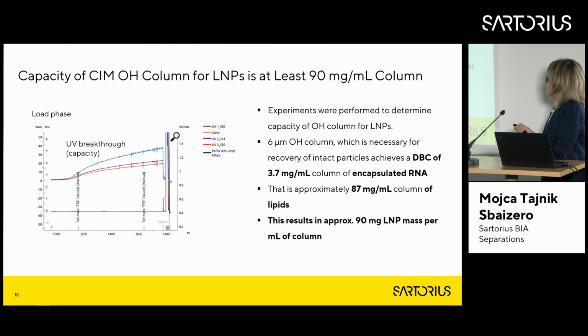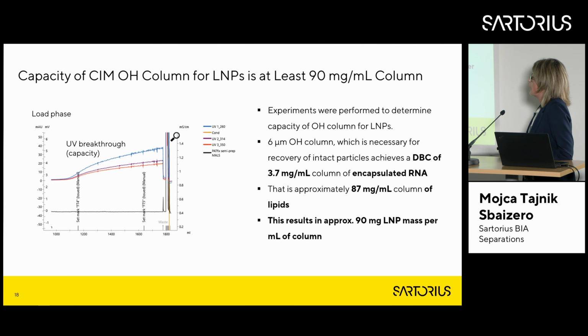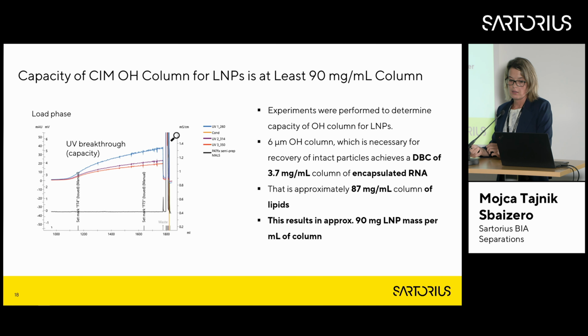So you can load up to this amount per milliliter of column, and multiply this by the size of the column to help you decide what column size you can use, based on the amount of RNA in LNPs you want to purify. If we also add the lipids, we got up to 40 milligram of LNP mass per milliliter of column. How do you obtain this value?